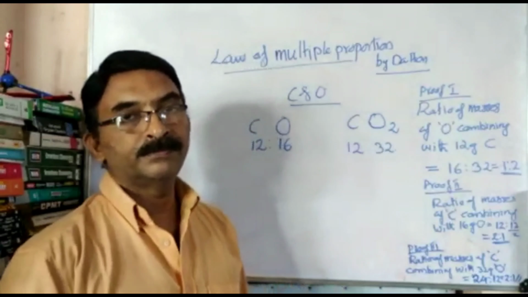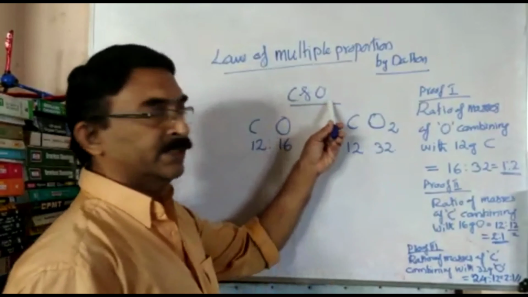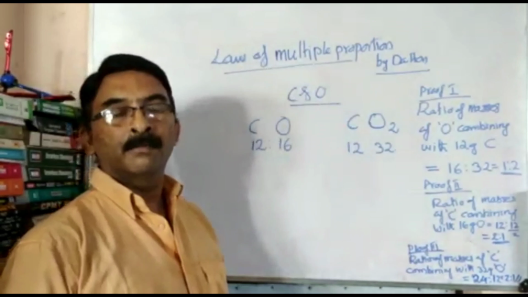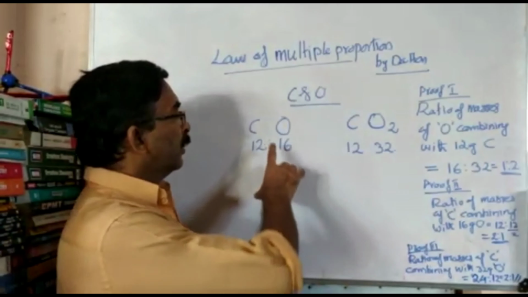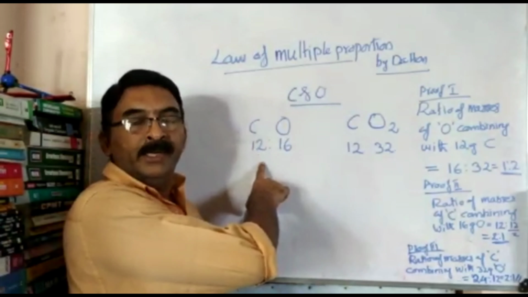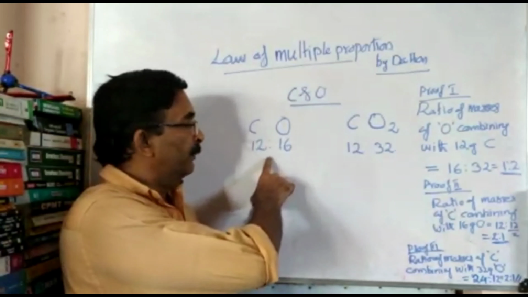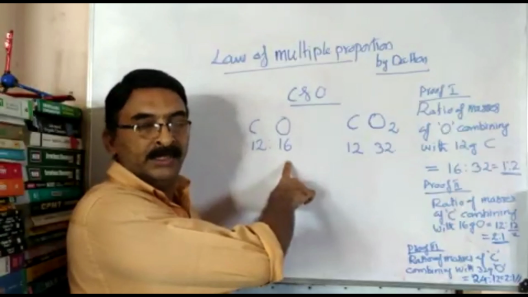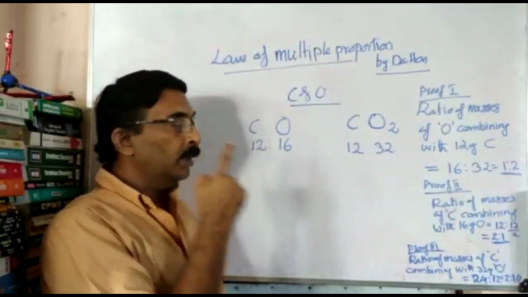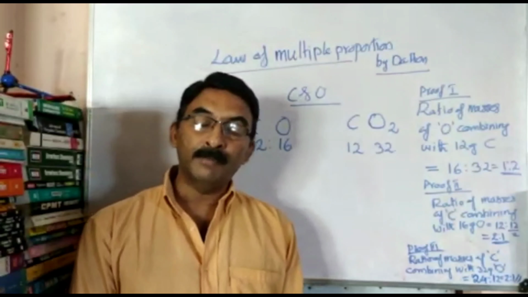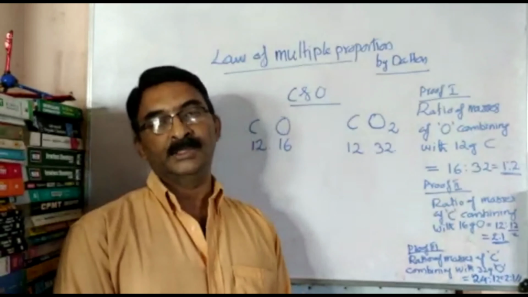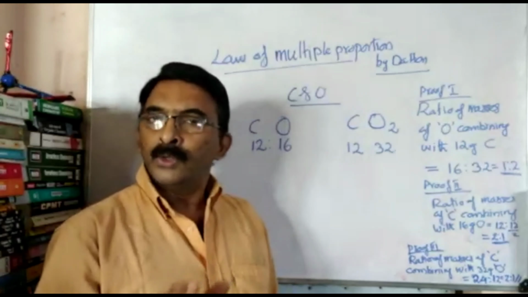For example, carbon and oxygen combine to form two main compounds. They are carbon monoxide and carbon dioxide. In carbon monoxide, 12 gram carbon combines with 16 gram oxygen. In carbon dioxide, the same 12 gram carbon combines with 32 gram oxygen.